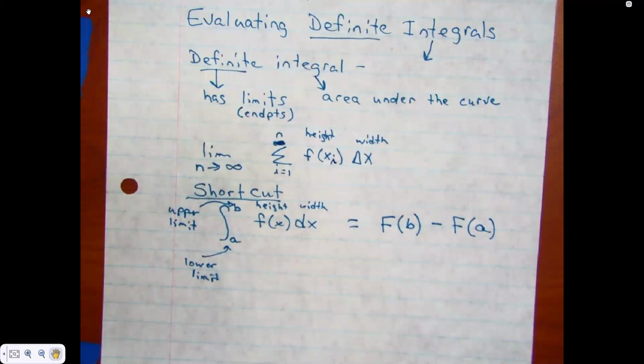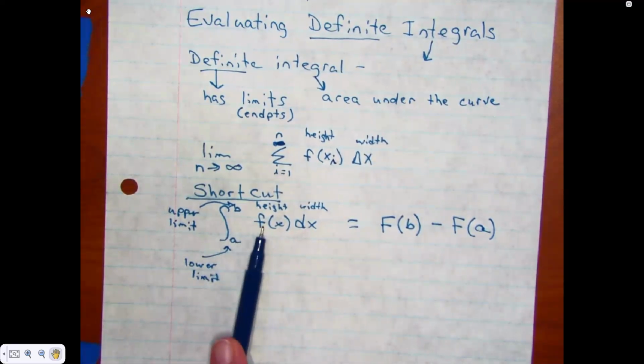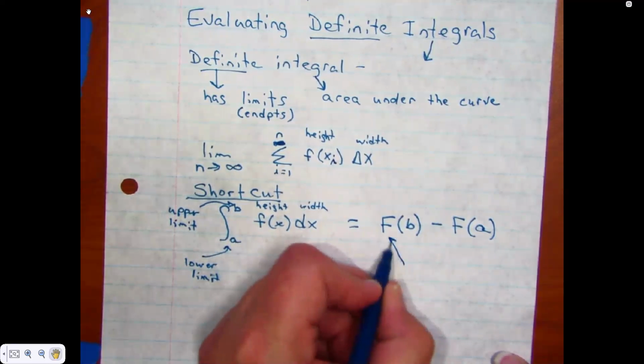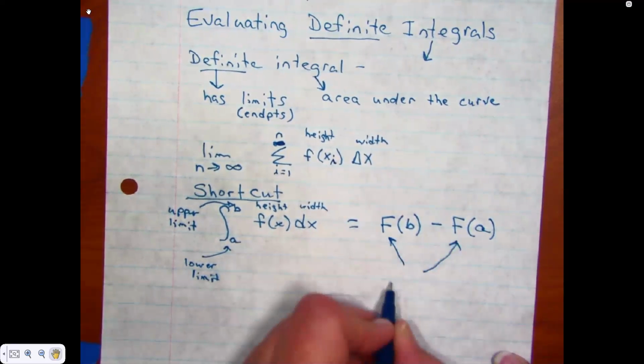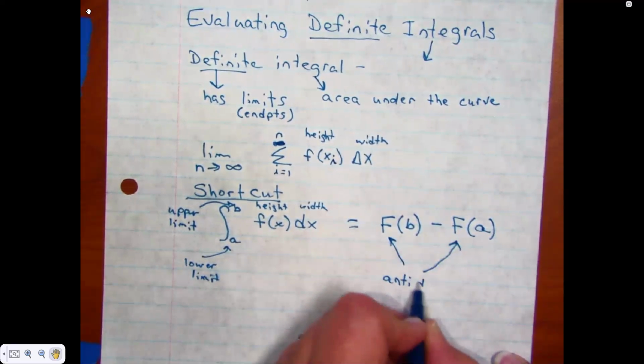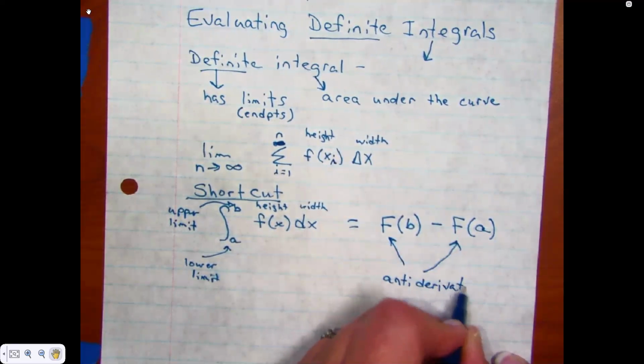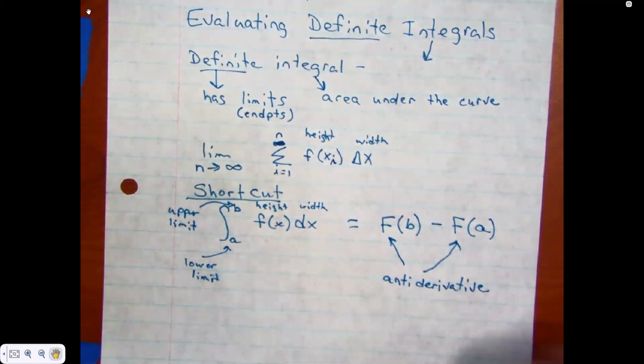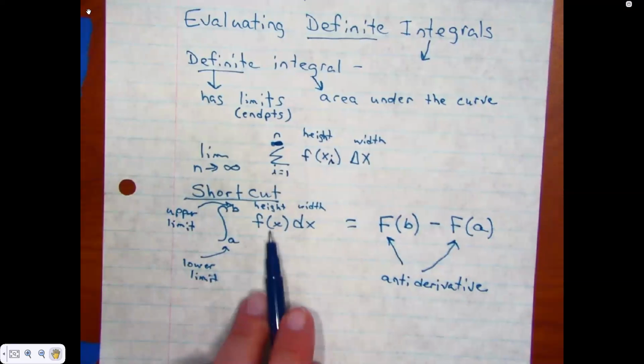Now, what is capital F? Does anyone remember? If our function started with f, capital F was the antiderivative. Yep, so both of these you find, so this is antiderivative. So you find the antiderivative of this guy.